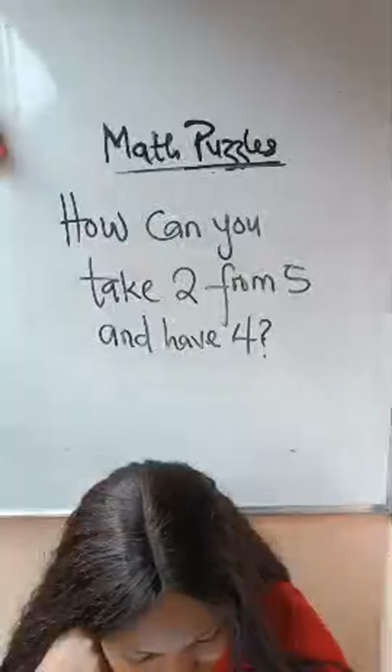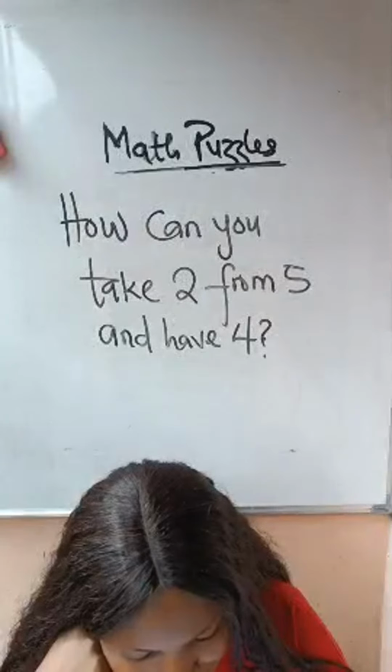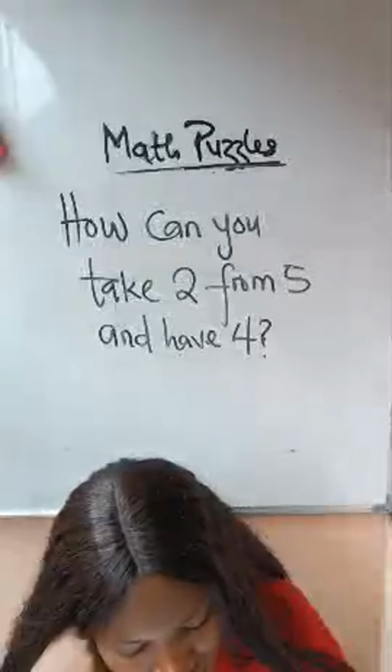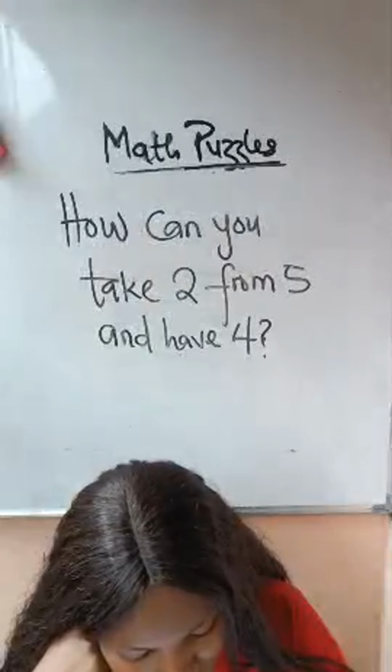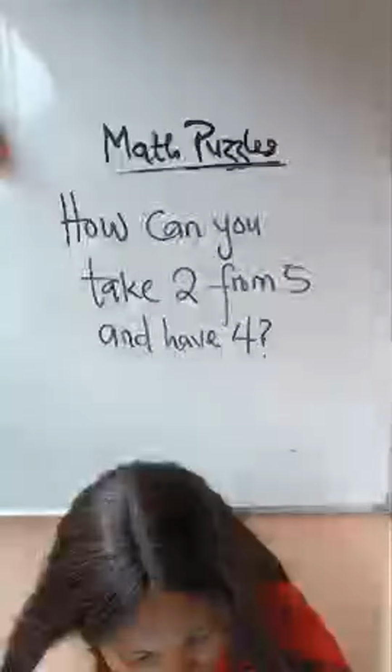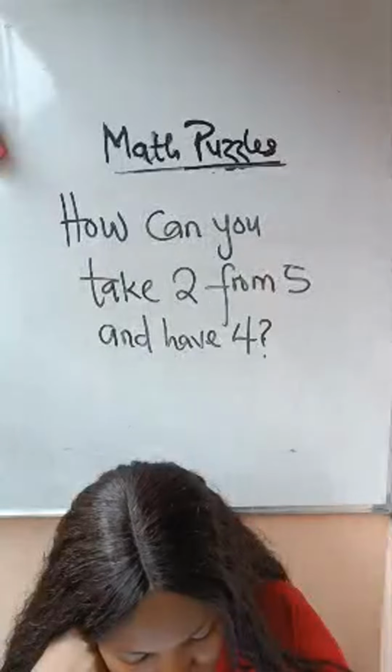Ragama, thanks for your explanation. Let's see if you have another explanation. How can you take 2 from 5 and have 4 remaining? Hello, thank you for joining us. Take away 2 hands from a group of 5.